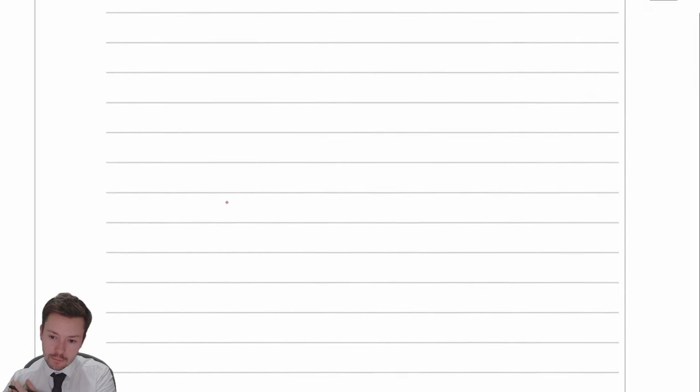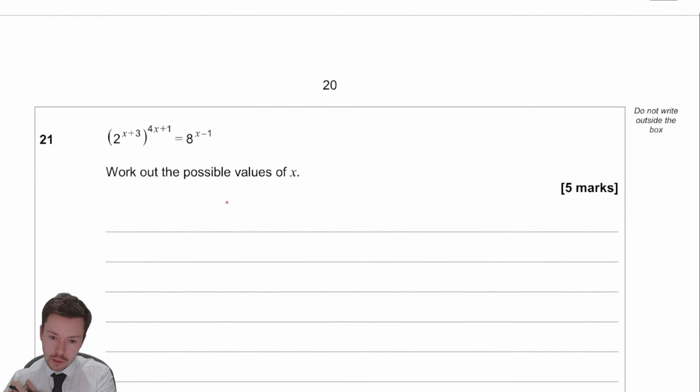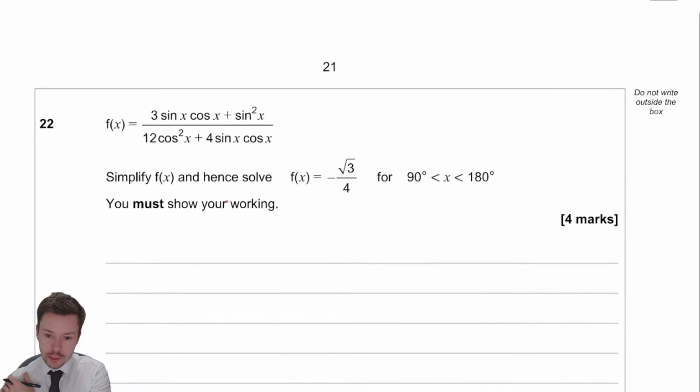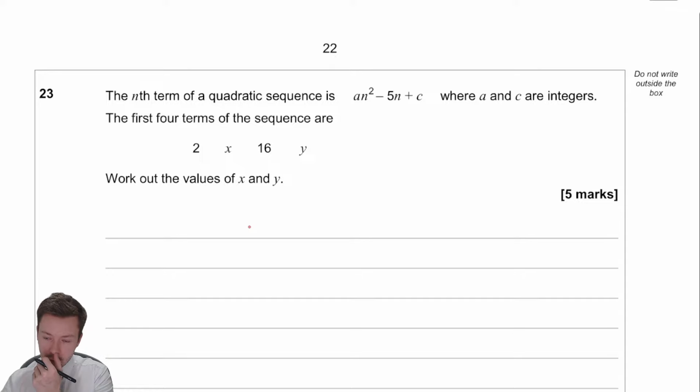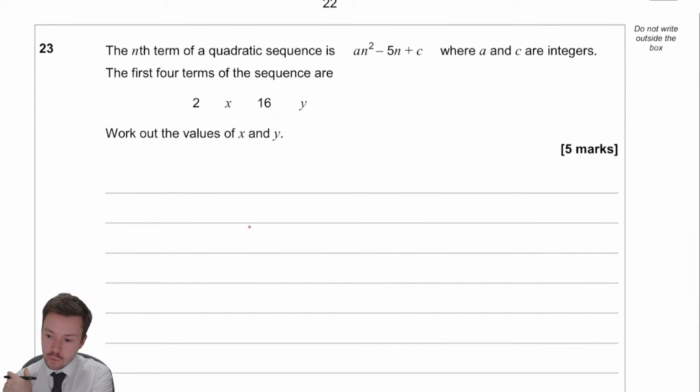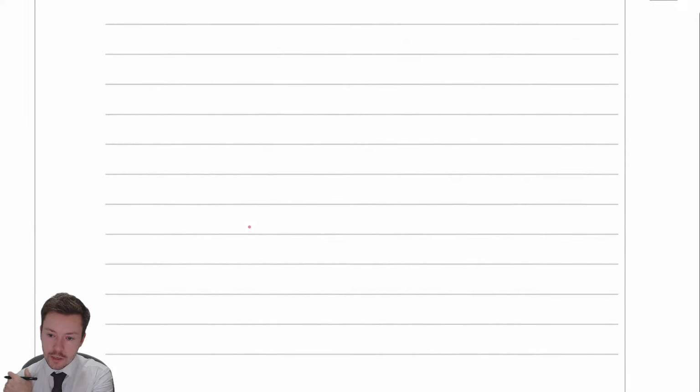Straight line, work out approximate solutions. Indices, always nice questions. Now this one, trig identities, looks nice. Nth term of a quadratic sequence is this. First 4 terms of this, work out the values of x and y. Okay, quite nice, and then that's the end.